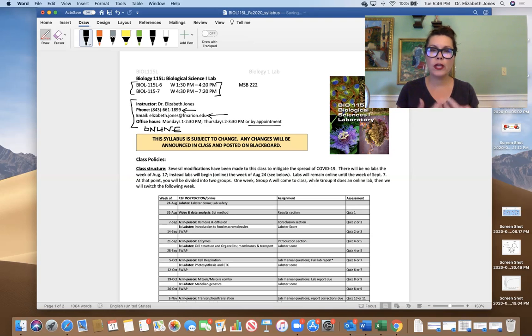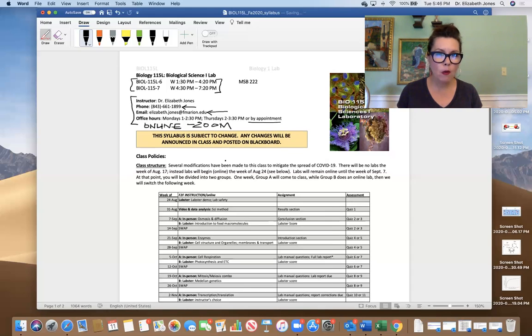What we have made a commitment to do for each other in the biology department is to minimize student traffic in our office spaces to protect one another from COVID infection, because professors, we're mostly old. Because of that, we have opted as a group to have our office hours online using the Zoom platform. I will have information on how to enter my Zoom office hour room on Blackboard as well, which again will go live on Monday, August 17th.